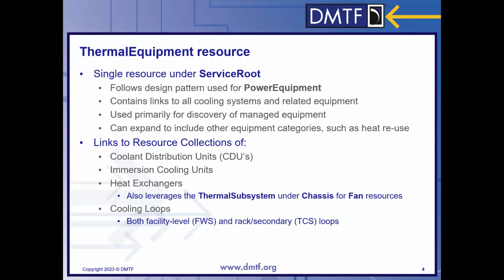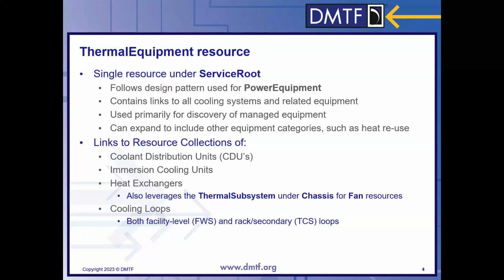So the new thermal equipment resource is located off of the service root. I've got a picture coming up, and it allows for the attachment of one or more pieces of cooling equipment that are sorted into various collections of like gear. So this could be a proxy that is managing many cooling distribution units. It really depends on the system architecture, so it could be one or more of any of these things.